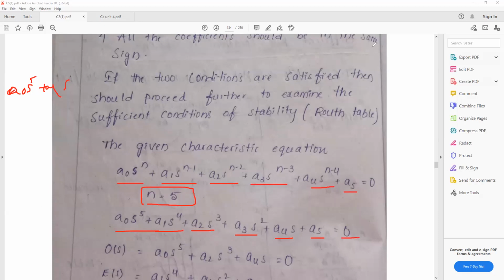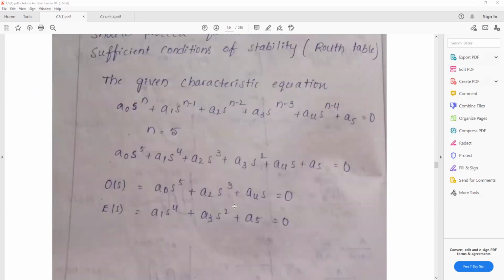So the given characteristic equation is a naught s power 5, a1 s power 4, a2 s power 3, a3 s square plus a4 s plus a5 is equal to 0.